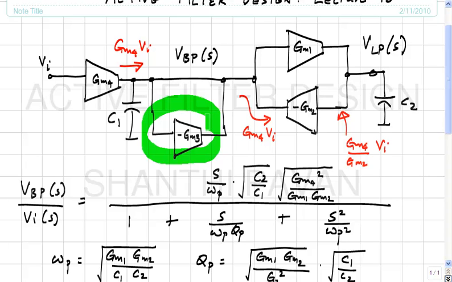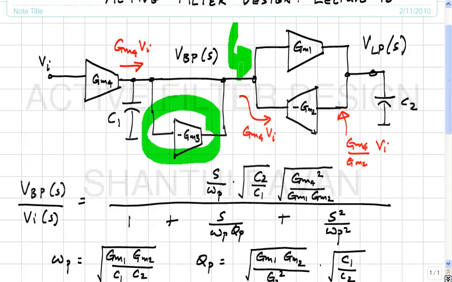So if you want the quality factor to be infinity, in other words, you want the LC network to be lossless. Okay, what LC network here? Parallel LC, because the GM1, GM2 is a gyrator and that is terminated by a capacitor. So looking in here looks like an inductance, and that's in parallel with C1.